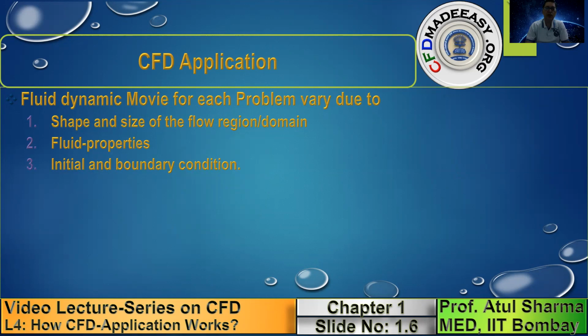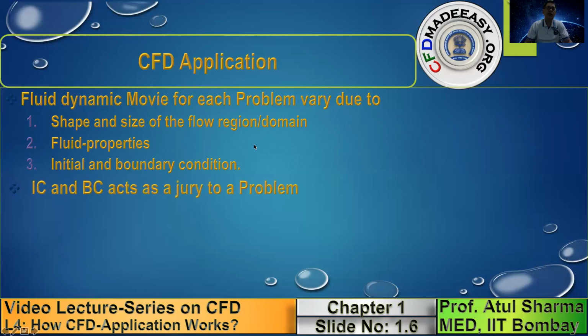Like if you are doing simulations for water versus air, the results depend on the fluid property. Similarly, whether you are doing simulation for flow in a pipe or a square duct. When there is a change in the shape of the internal cross section from square to circular, there is a change in the result. The result also depends on the initial condition and boundary condition for the same shape and size of the domain and the same fluid properties.